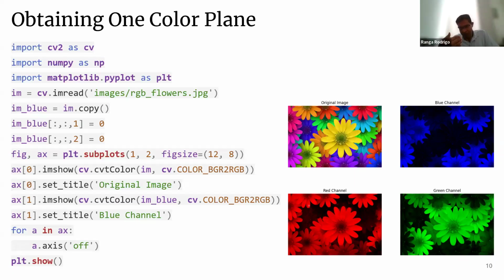So here, if you open an RGB image, you know that blue, green, red are available. So here, what I would do is a trace operation. What I am doing is, you can see in this NumPy indexing, we had the image. I create a copy of that image called in blue.